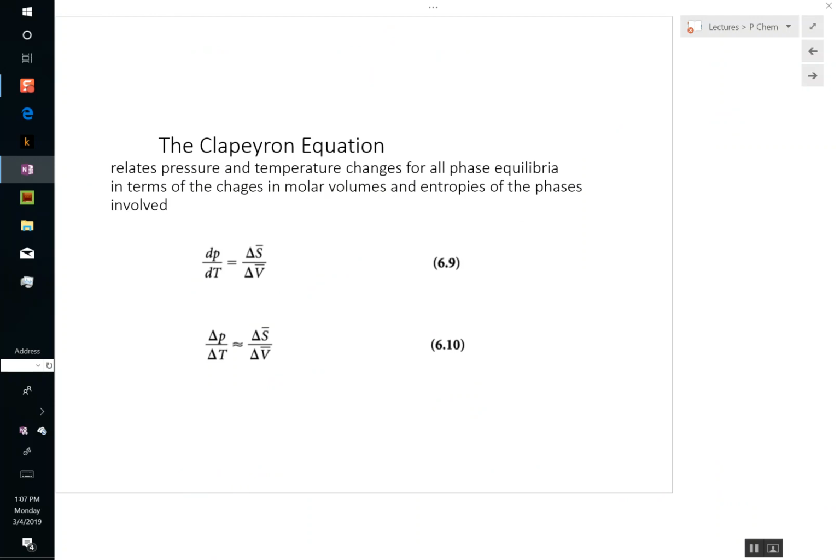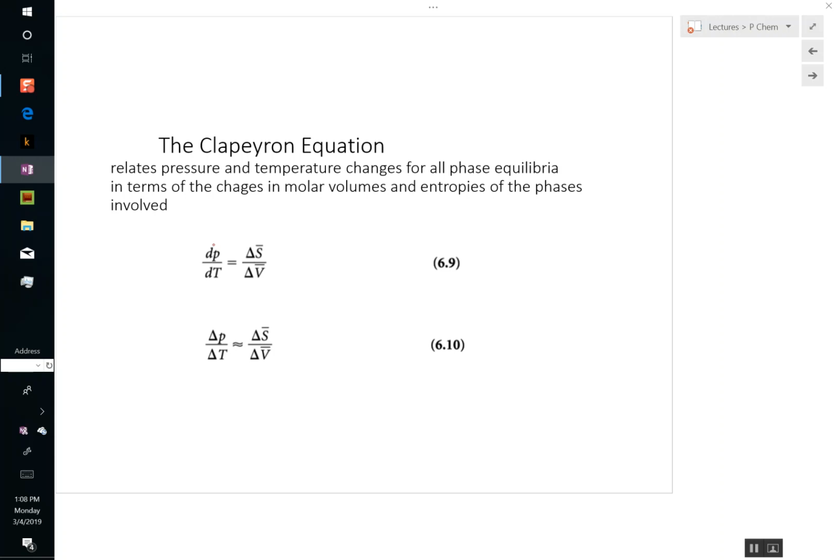Okay, the Clapeyron equation. Both of these forms are called the Clapeyron equation, and you can look at the derivation of them in the chapter. The change in pressure over the change in temperature is equal to the change in the molar entropy divided by the change in molar volume.